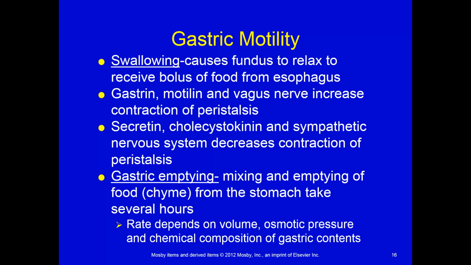In the resting state, interestingly, the stomach is really small. It really only contains about 50 mils of fluid in a resting state, when you haven't had a meal, it's been several hours since a meal. And then, as you start to eat and you start to move that chyme down the esophagus into the stomach, with each peristaltic wave, a small portion of the chyme passes through the pylorus into the duodenum.